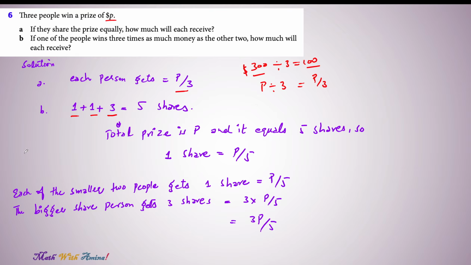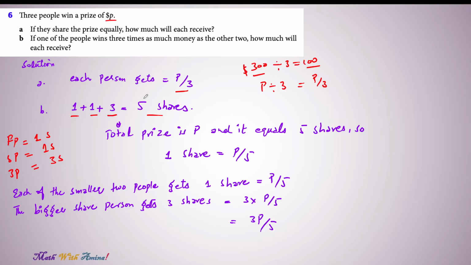Let's imagine that the first person gets 1 share. The second person also gets 1 share, and the third person gets 3 shares, right? So now if we count all of them, 1 plus 1 plus 3 is equal to 5 shares. So the entire prize is divided into 5 equal parts.